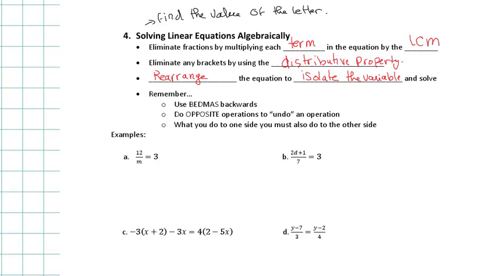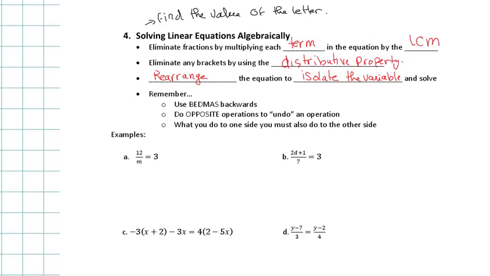What's your first instinct? When you look at this, what do you want to do? You want to find m, but what process do you use? Isolate it. How do you do that? Can you think about what you learned before?